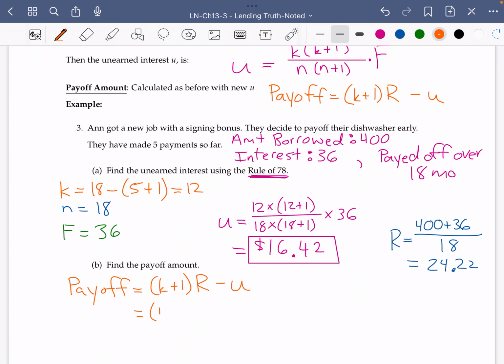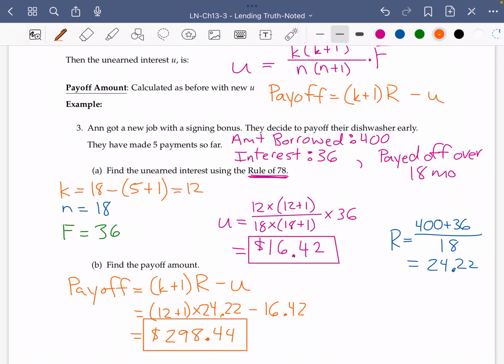And so we will have 12 plus 1 times 24.22, and then we are going to subtract 16.42. And so if we do all that, we will get a total of $298.44. If we want to pay this off today, it's $298.44. That's if our unearned interest was calculated using the rule of 78.